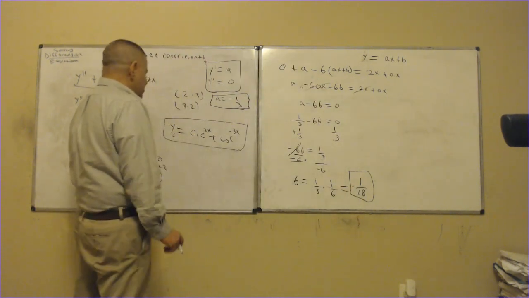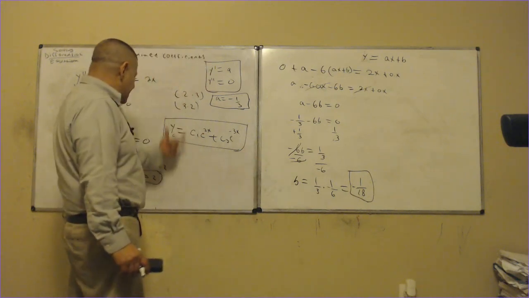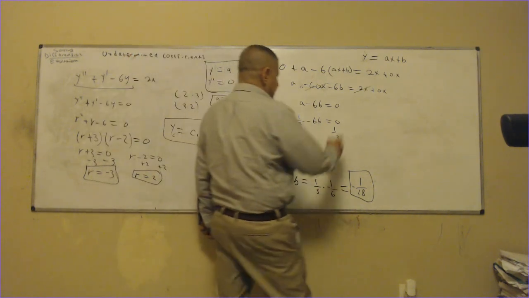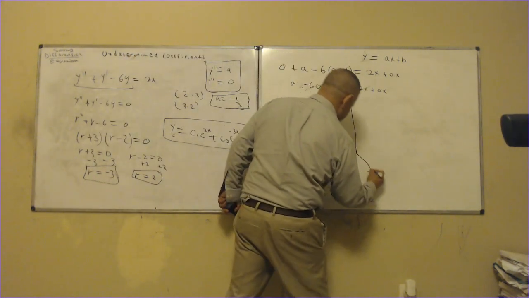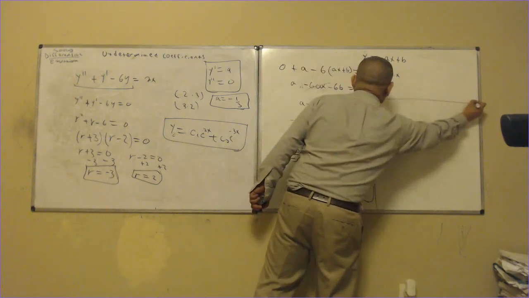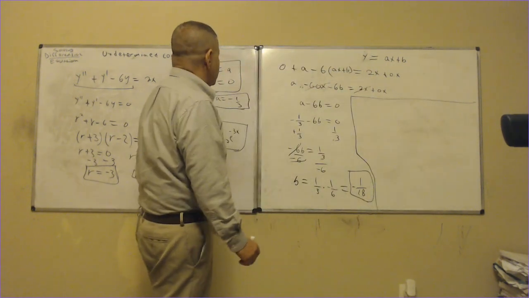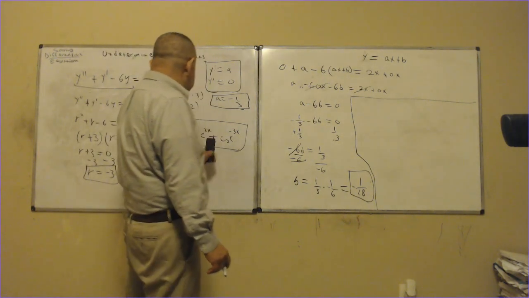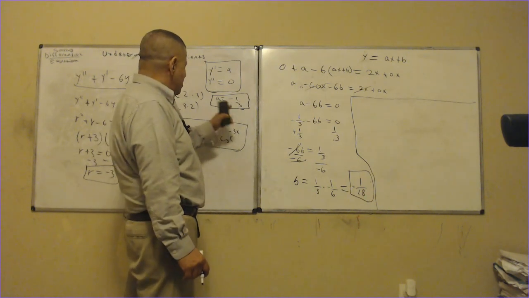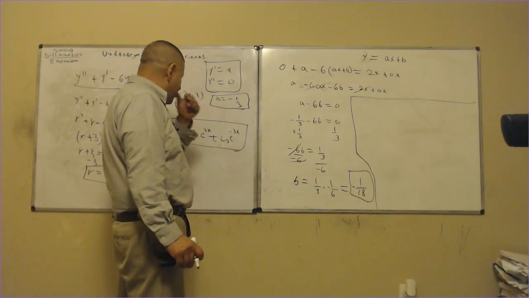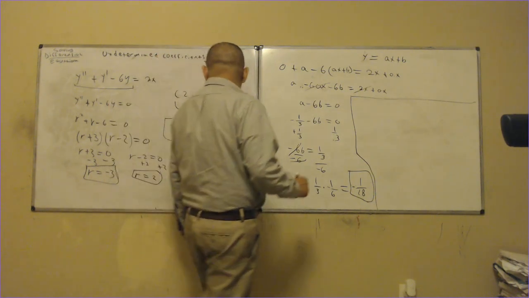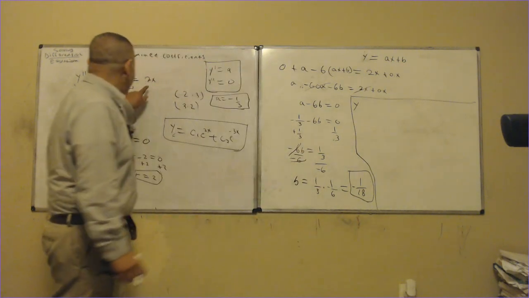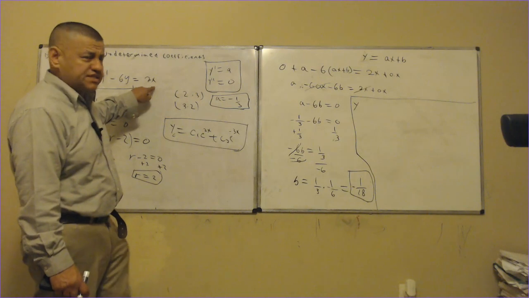Now, I got the b, I got my a, right? What will be the final answer? My final answer is going to be my complementary solution plus my particular solution, which is what I found by the undetermined coefficients. When I found my a, I had an x in there, so I had to compensate for that.